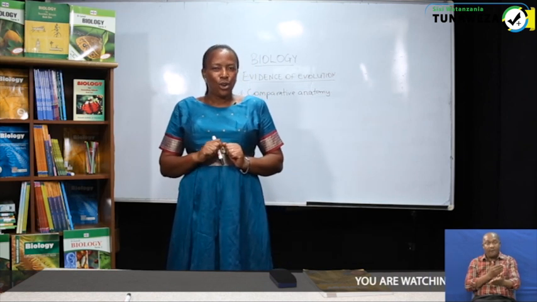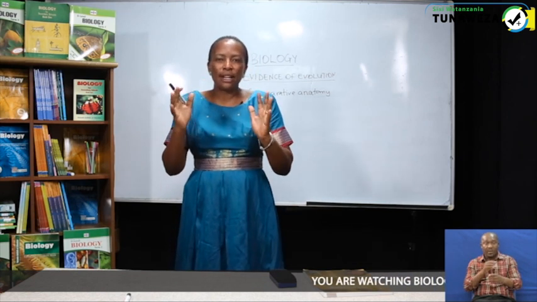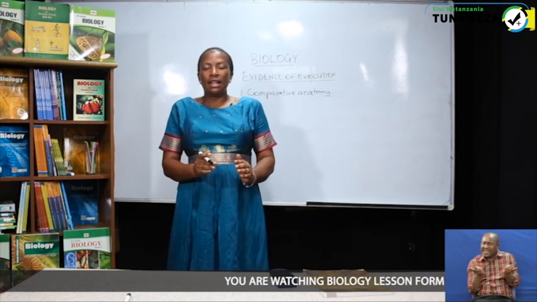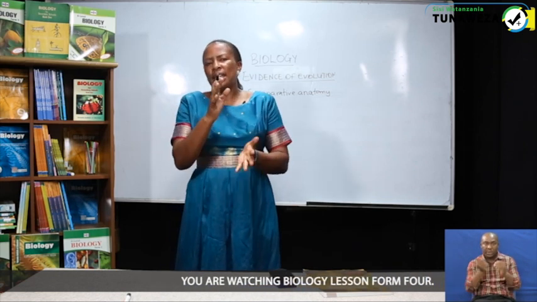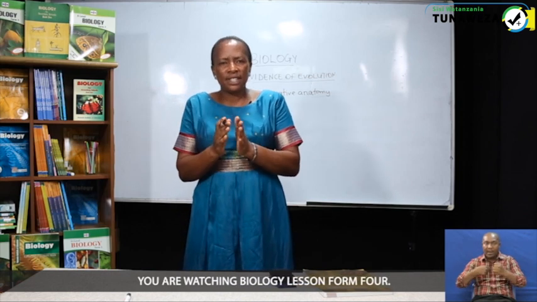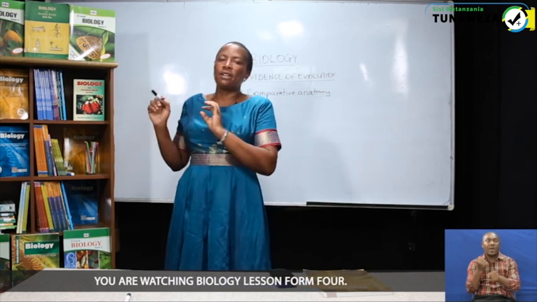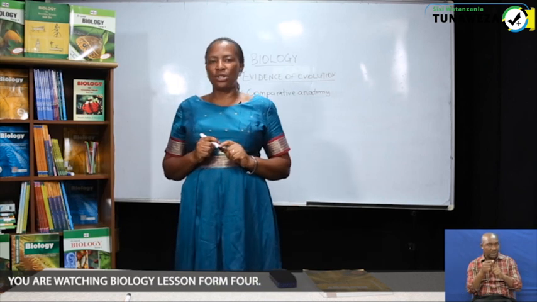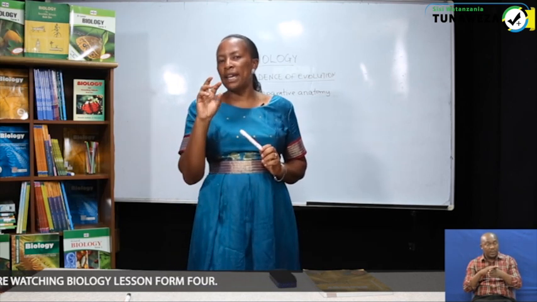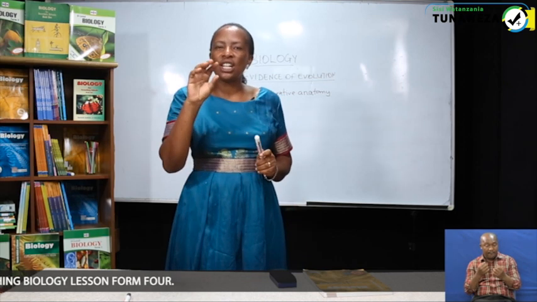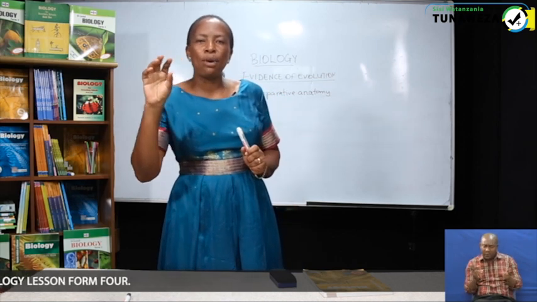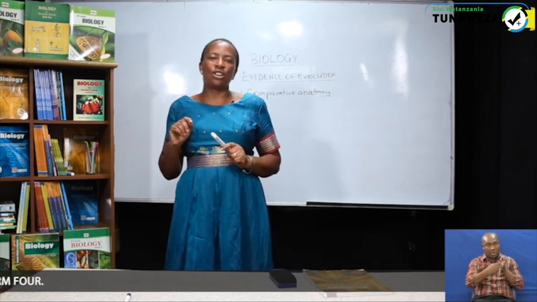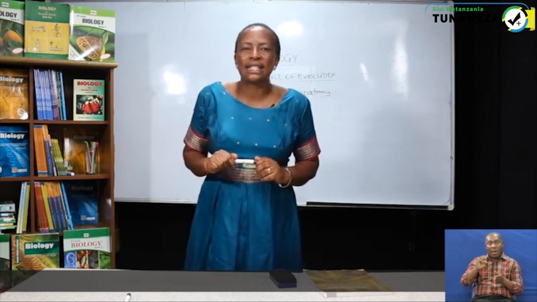All forelimbs of different organisms, which we have already mentioned here, have the same composition, the same structure, but perform different functions. The collective terminology used to explain the possession of similar body structures performing different functions is called homologous structure.